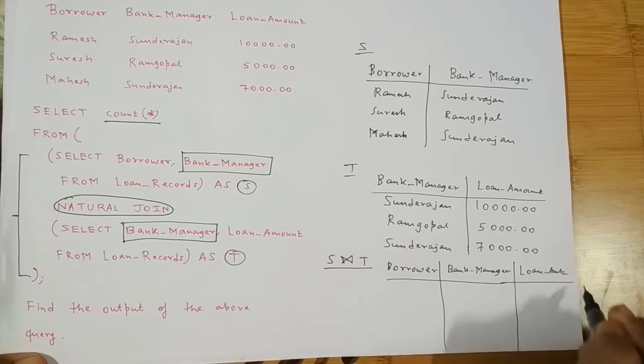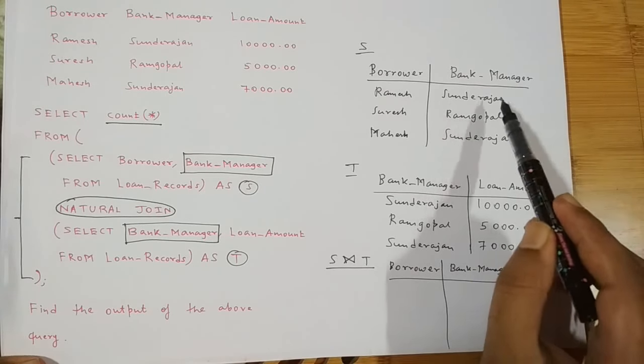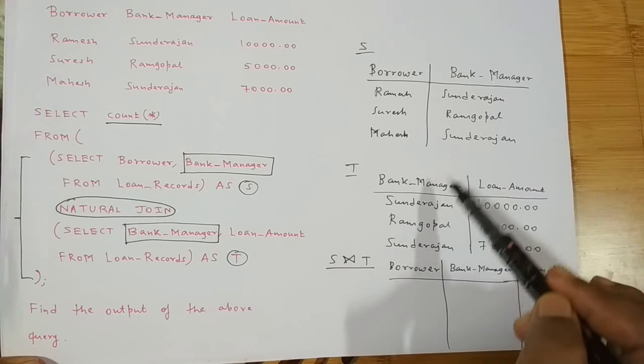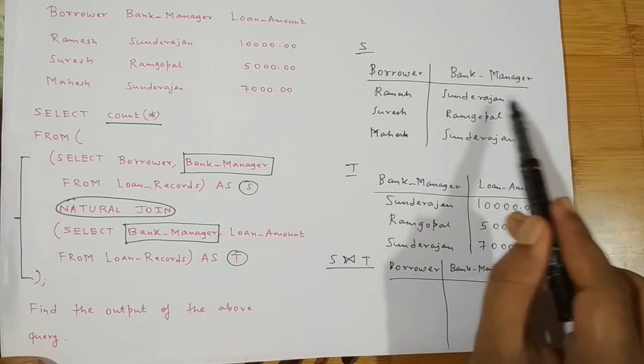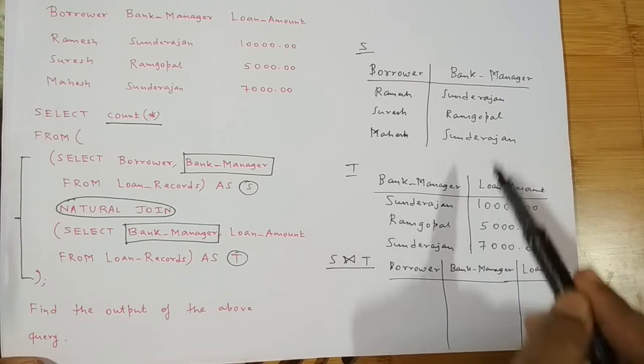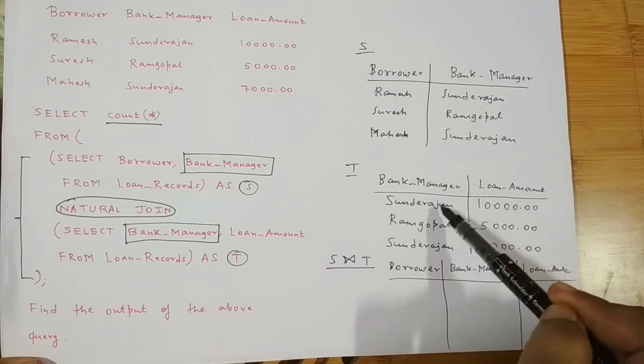Now see how the join operation takes place. When the bank manager values match, that row will be fetched from table S as well as from table T. So in the first case, Sundarajan matches in both tables.